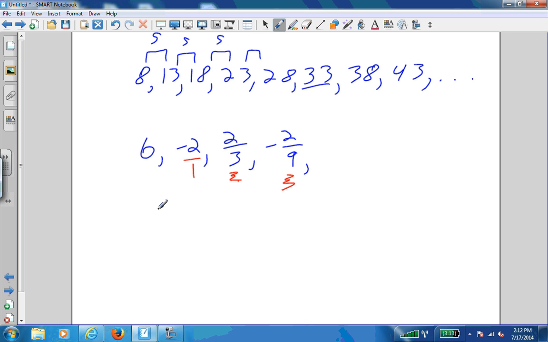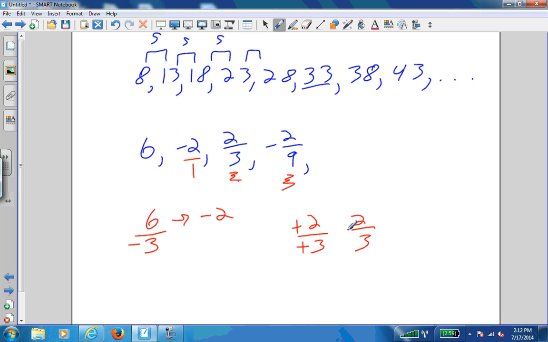How do you get from 6 to negative 2? Well, if we divide 6 by 3, we get 2. If we divide it by negative 3, we get negative 2. Notice if we take negative 2 and divide it by negative 3, two negatives make a positive, giving us 2/3.